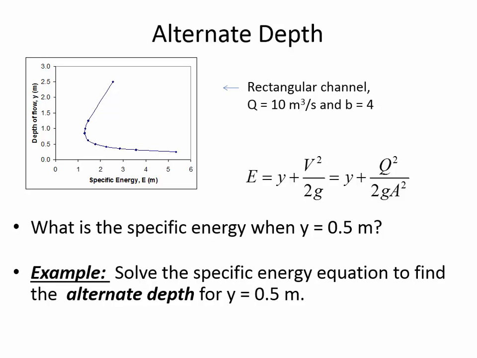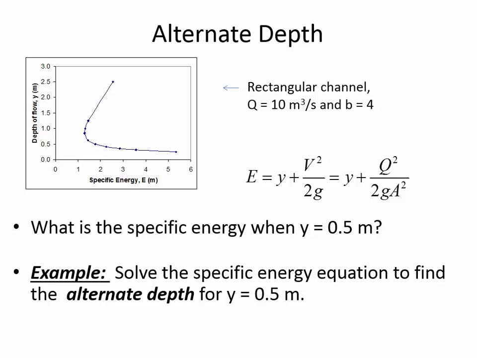So let's just put our guess is maybe around 1.25 meters, is what you said. How can we find the real alternate depth? Any guesses? That's right. It's exactly right.